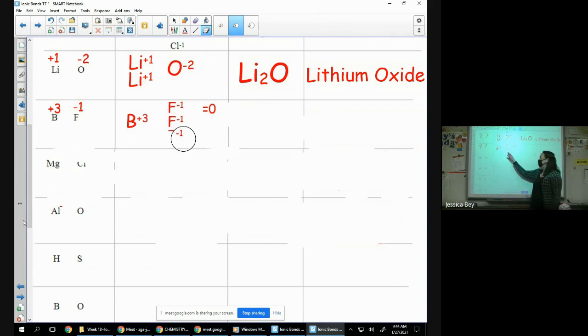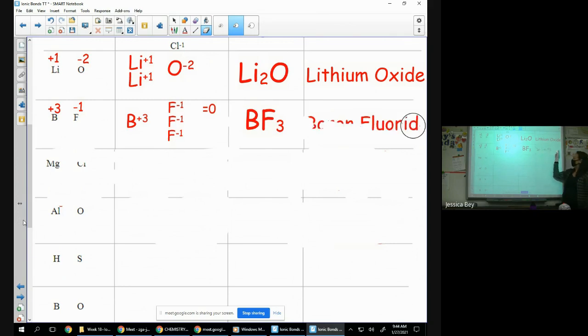Nope. Another fluorine. Now I have +3, -3. And so my formula is going to be what? B, 1 B, and how many Fs? You got it. Can we name it? Boron fluoride. Awesome. Very good.